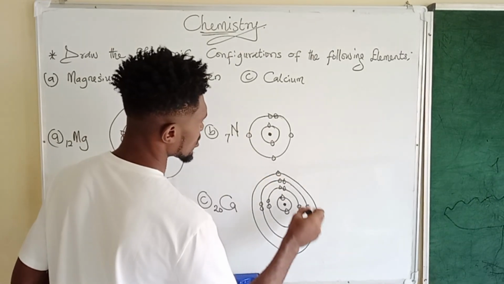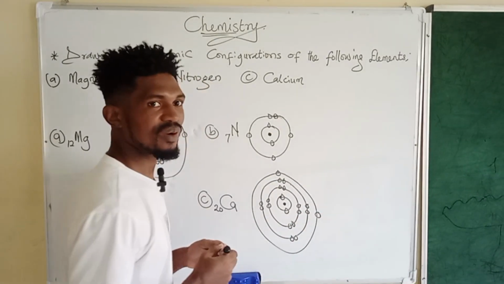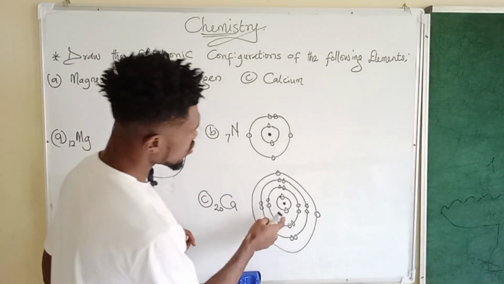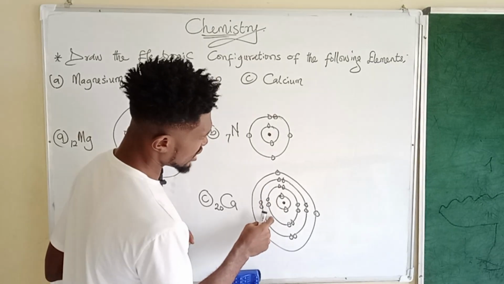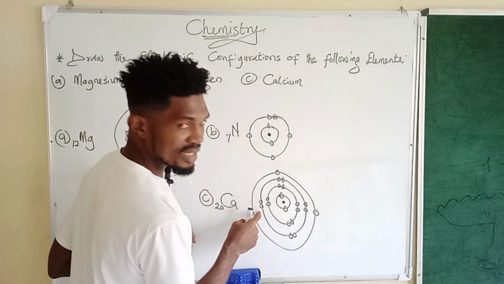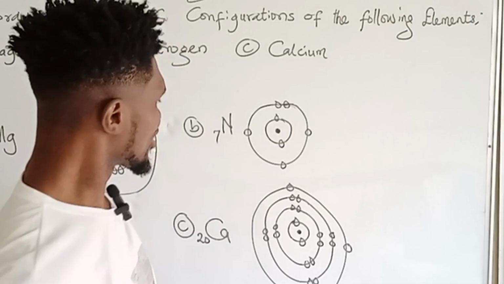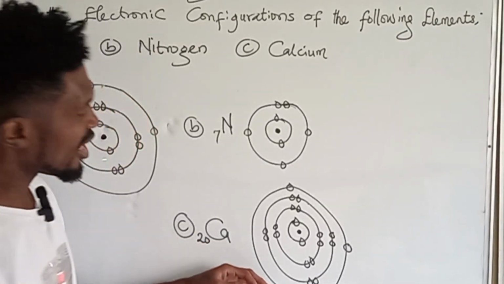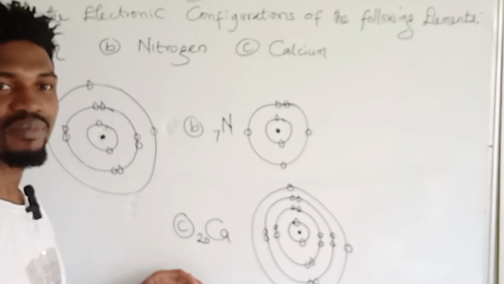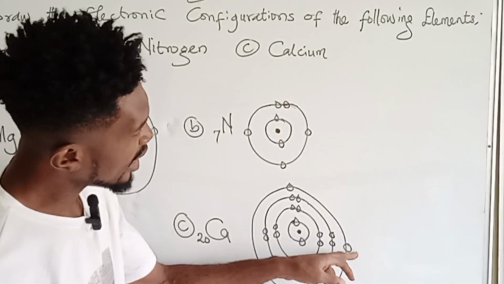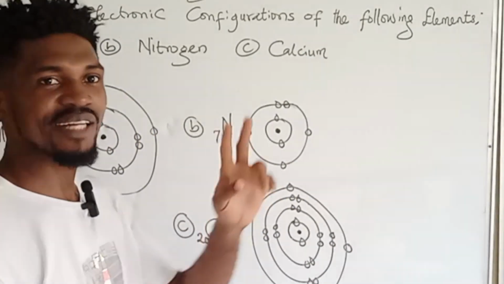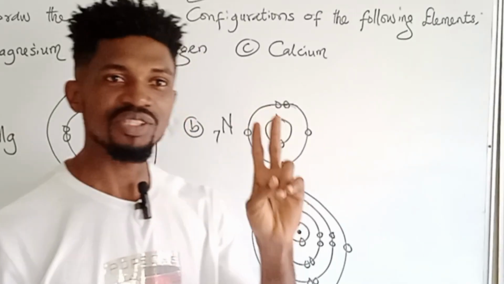We have 1, 2. Okay? So when we count, 2 plus 8 outside is 10, plus another 8 is 18, plus 2. Right. So this is the electronic configuration of calcium. The electrons outside are 2, which means it has 2 valence electrons at the outermost shell.